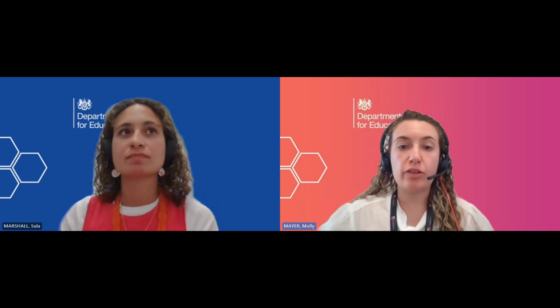Yes, if you have not yet received your upfront payment, so that is your £500 startup grant, as well as your £1,099 upfront payment, and you're a local LA maintained school, you should contact your local authority, who are the ones processing the payments. Or if you are an academy, you should contact your MATS finance team, and they will process the payment for you.